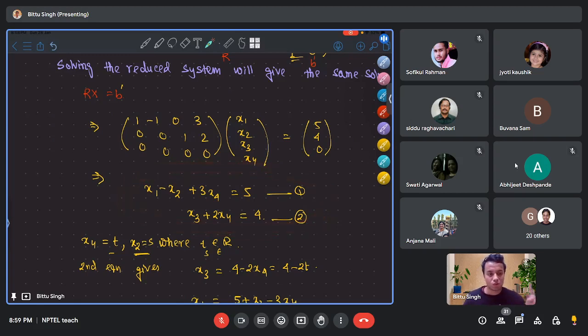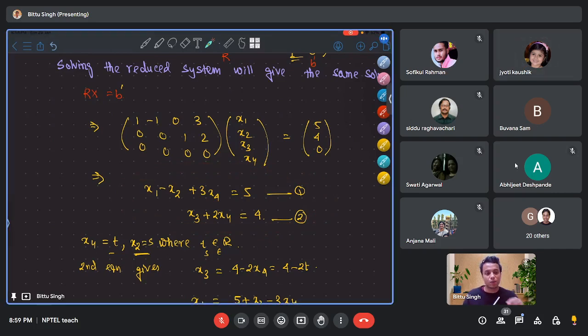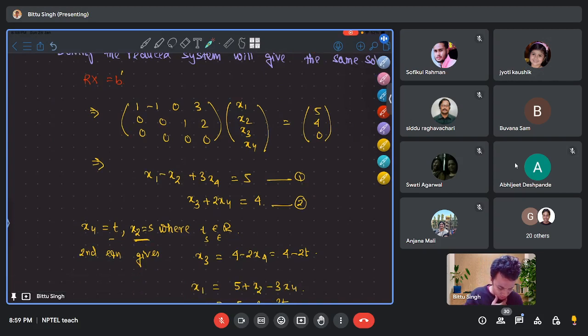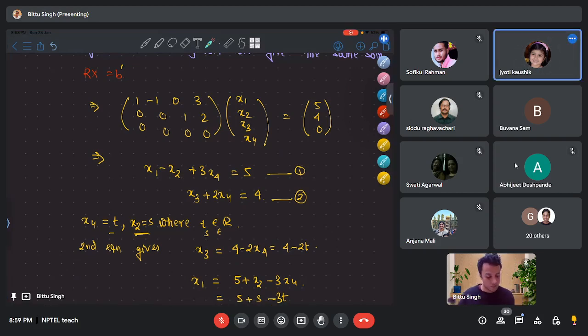Therefore, two elements should be free. But the thing is, you cannot choose any two elements to be free. Then there will be some trouble for some particular question. Here you can choose anything to be free. I think there will be no problem for this question. But for other questions, you cannot choose anything to be s and t.